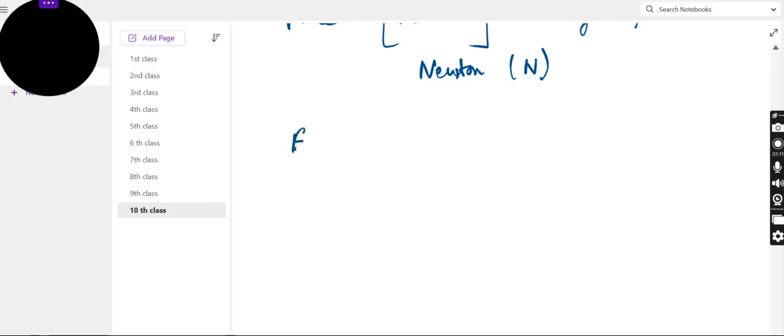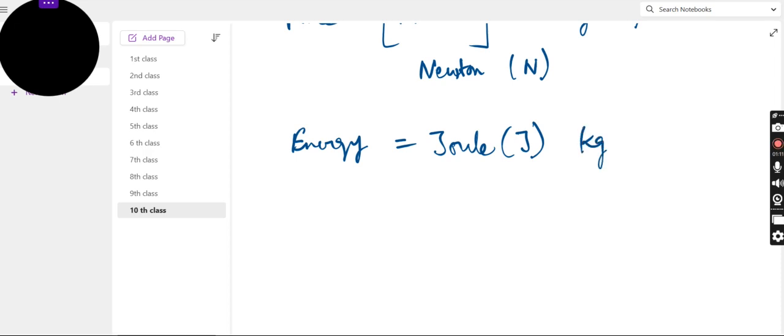The unit of energy is Joule, which is kg meter square per second square, written as M L squared T to the power minus 2.